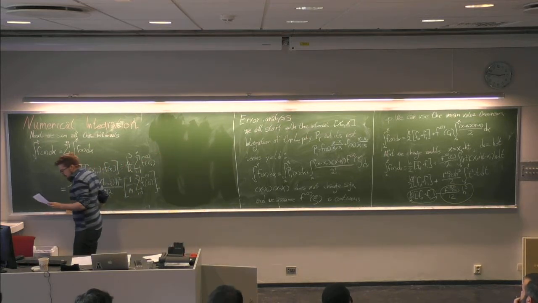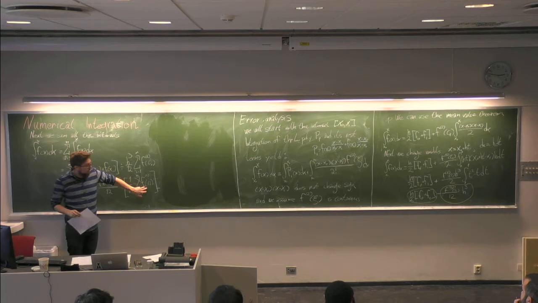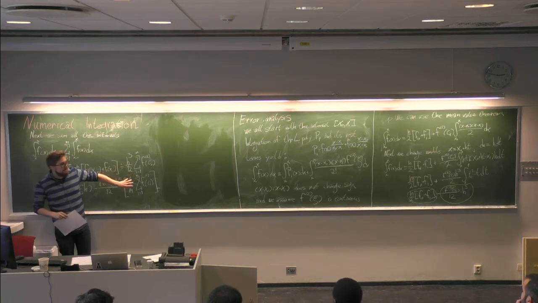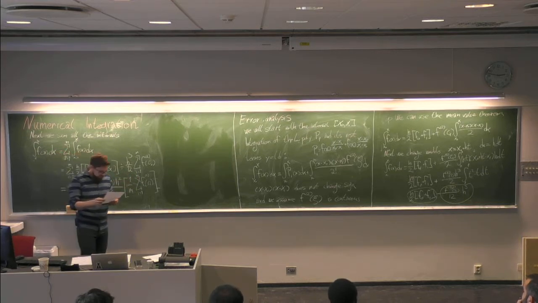Next, we're just going to pick the worst c_i. This is going to be some kind of number. We pick the worst because we're pessimistic when doing error analysis.